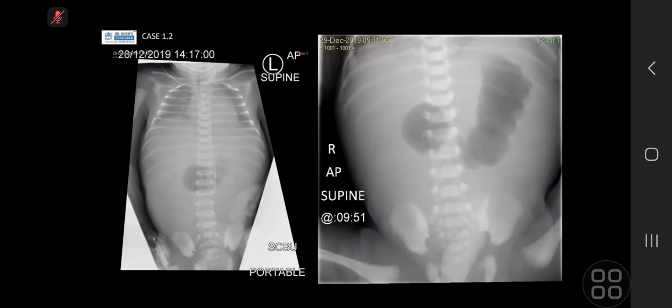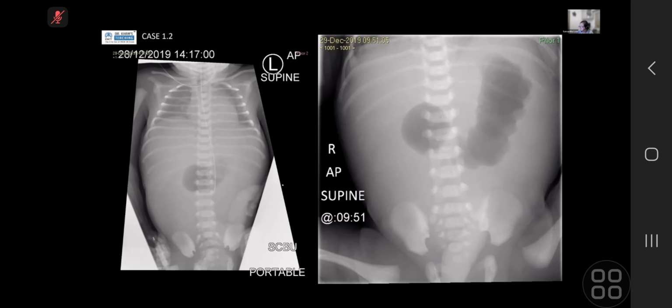And in the second image, at a later time, other bowel loops are not seen. The small bowel loops, yeah. The stomach is gas filled.